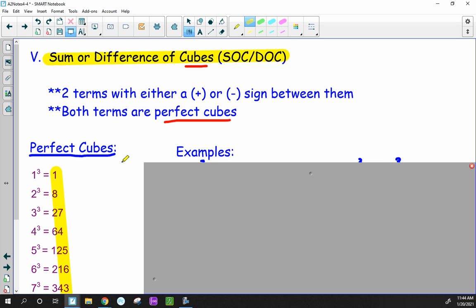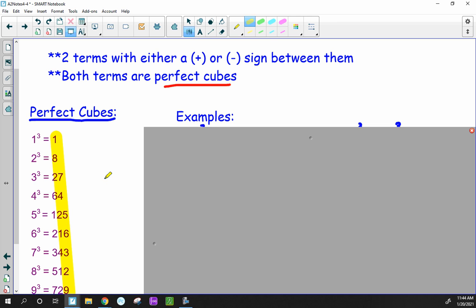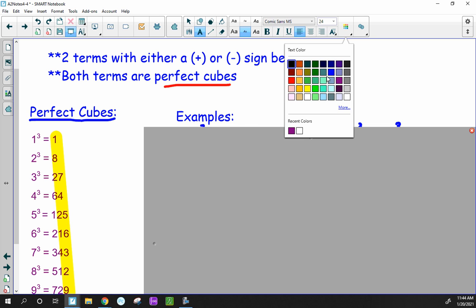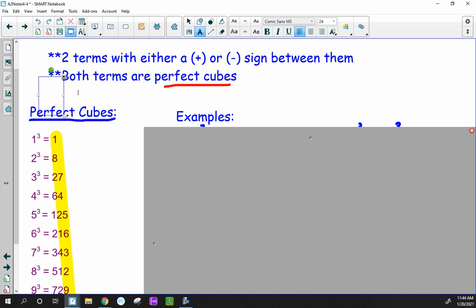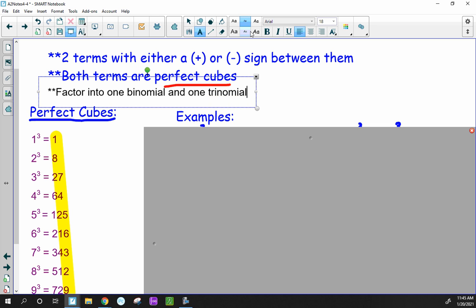Okay, now these types of questions, it's all about pattern. Once you know what to look for, two terms, either sign, and perfect cubes, the way you factor these is you always factor into one binomial, which means two terms, and one trinomial, which means three terms.